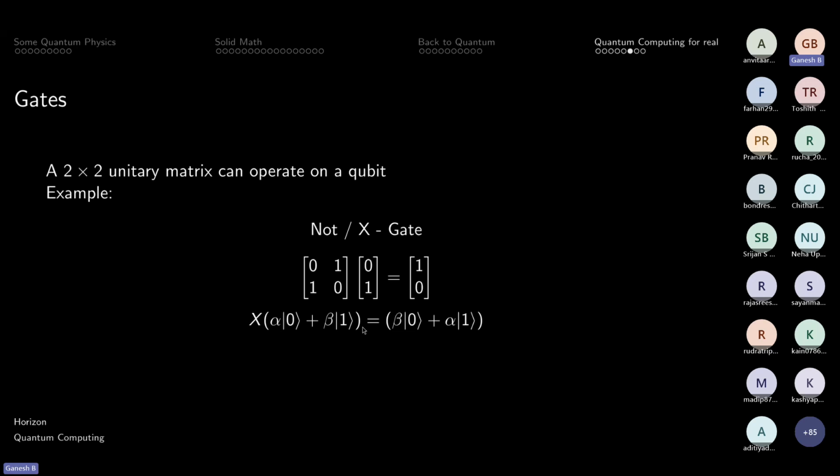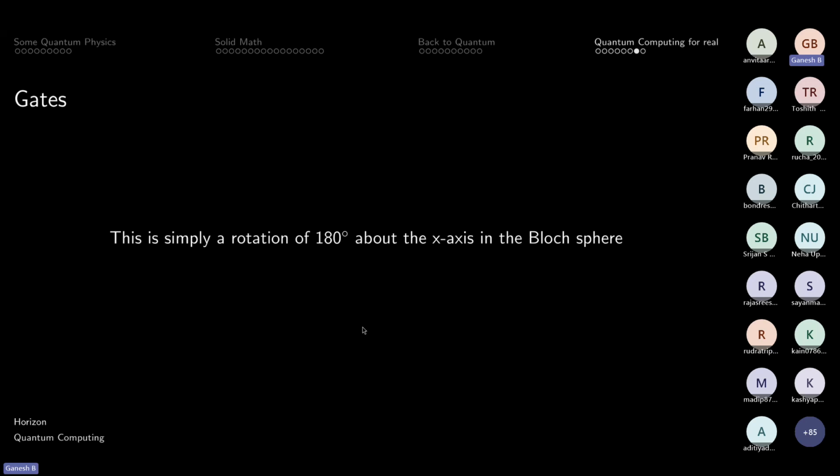So why do we call this an X gate? Yes, there's a reason. It is called an X gate because if you look at the Bloch sphere, this operation is just equivalent to rotating the state vector by 180 degrees.